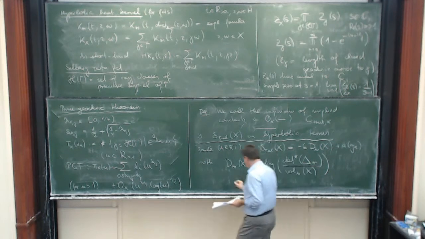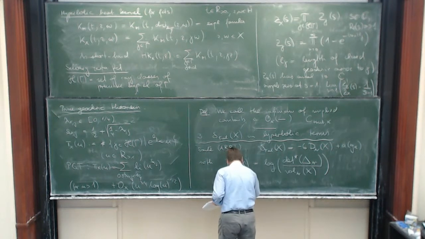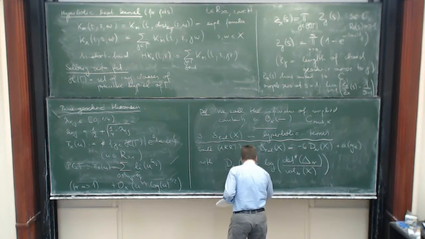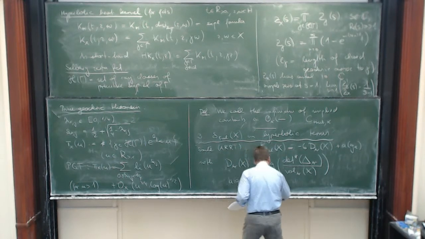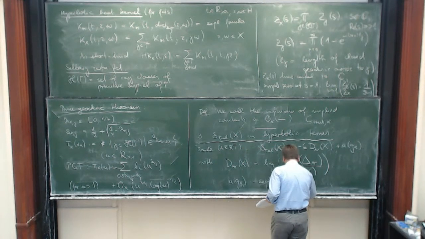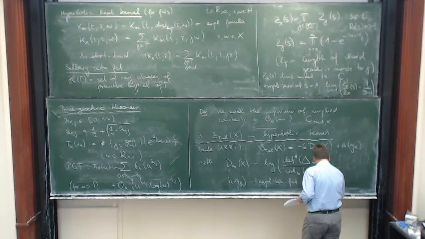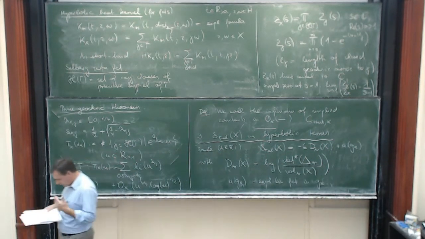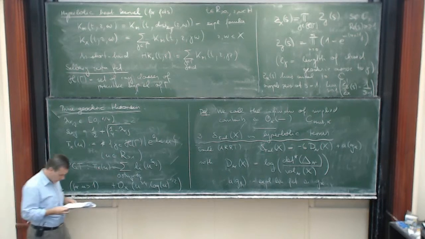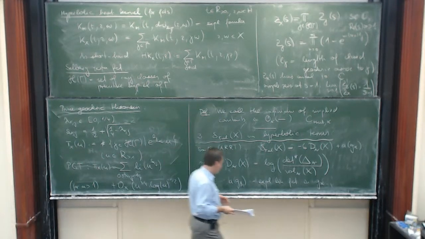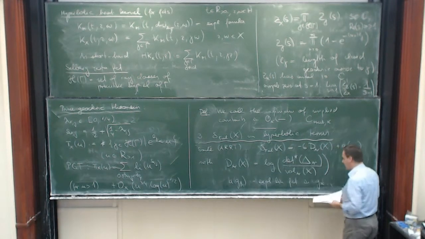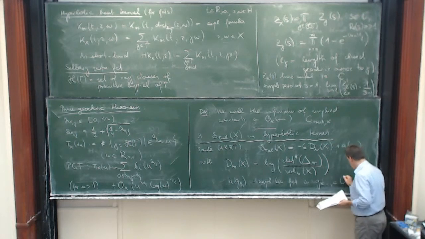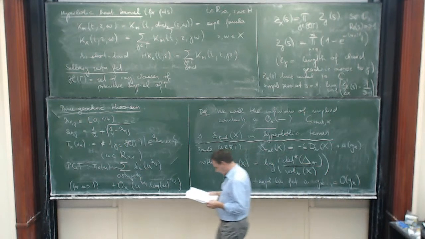And I don't write it down, but the number A_g of x is an explicit linear function in the genus of x with the usual suspects like log pi, log 2, and the derivative of the Riemann zeta at -1. So you can explicitly write it down. For us, it's just to be kept in mind: it's linear in g, in the genus.